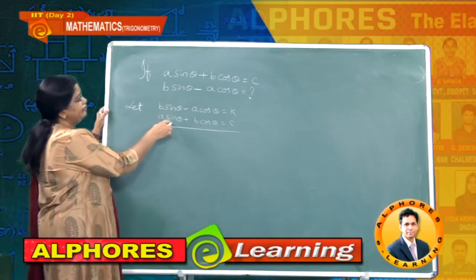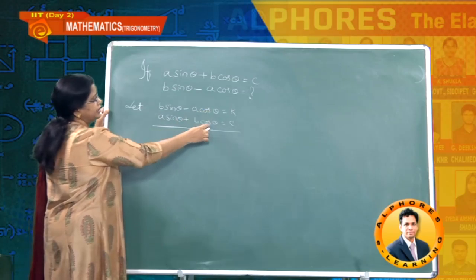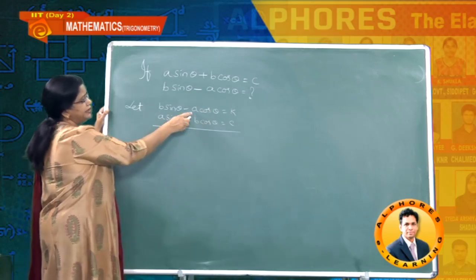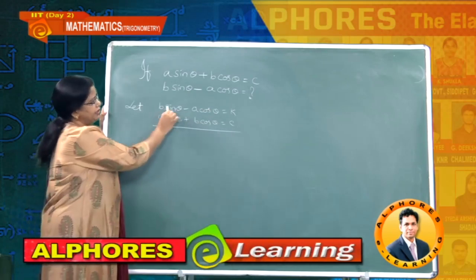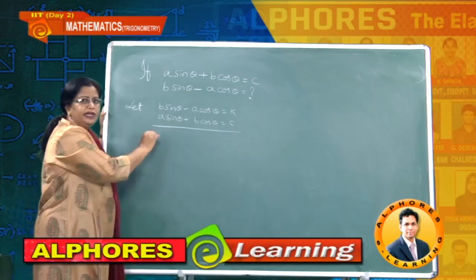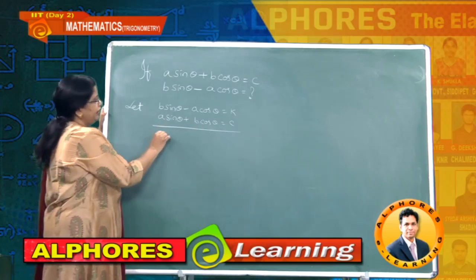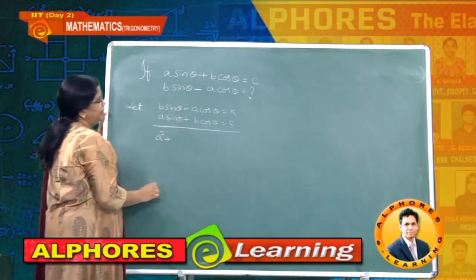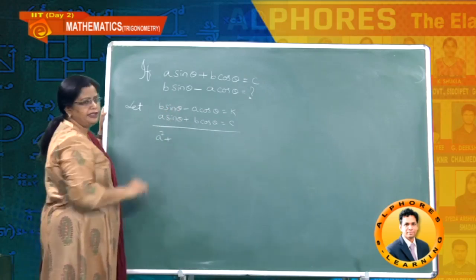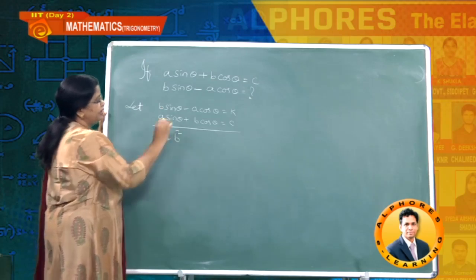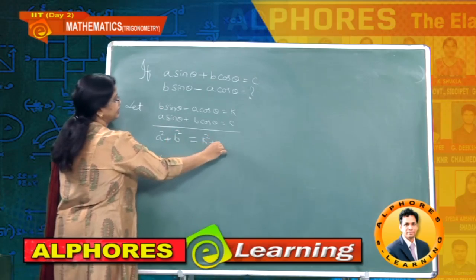Then sin square theta into A square plus B square, plus cos square theta into A square plus B square. After that you will get minus 2AB sin cos plus 2AB sin cos. Those two get cancelled, thereby you will get here A square, that is here B square sin square plus A square sin square common. So A square plus B square equal to K square plus C square.